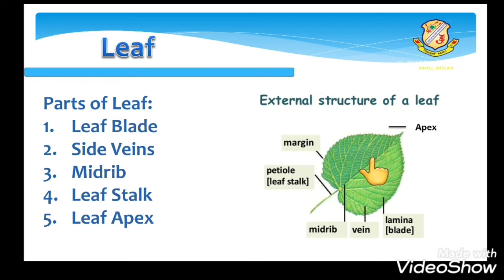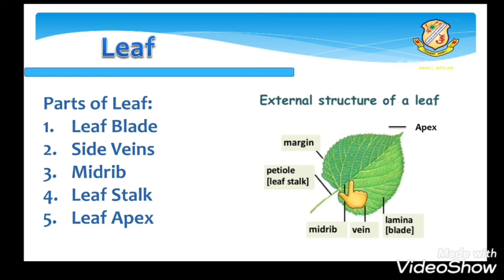Now the next is the side veins. The veins that run from the midrib to the margins are called the side veins. These veins run all through the leaves. Then the leaf stalk.